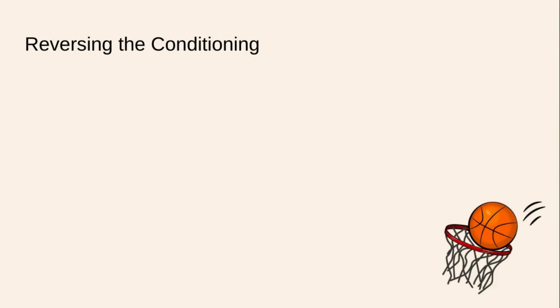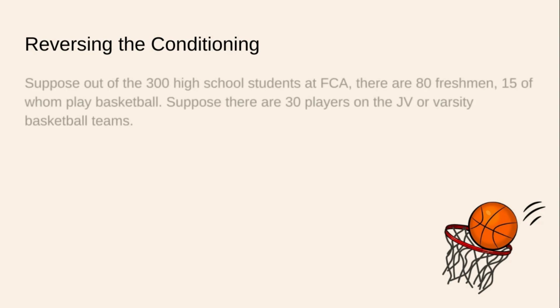All right, we're going to close out our lesson with one additional detail, reversing the conditioning, right? So we're going to go back to the concept of conditional probability and explore a little nuance of that. Suppose out of the ballpark 300 high school students at FCA, there are 80 freshmen, 15 of whom play basketball, okay? Suppose there are 30 players on the JV or varsity basketball teams, right?